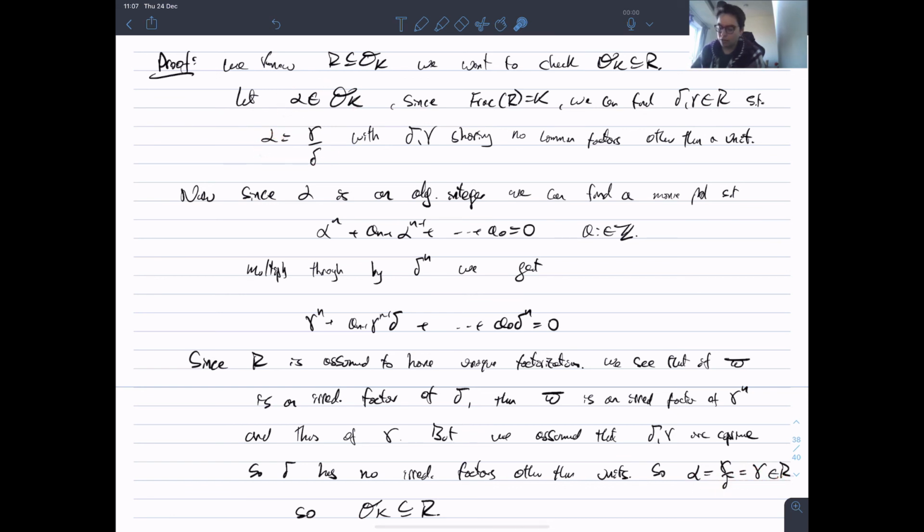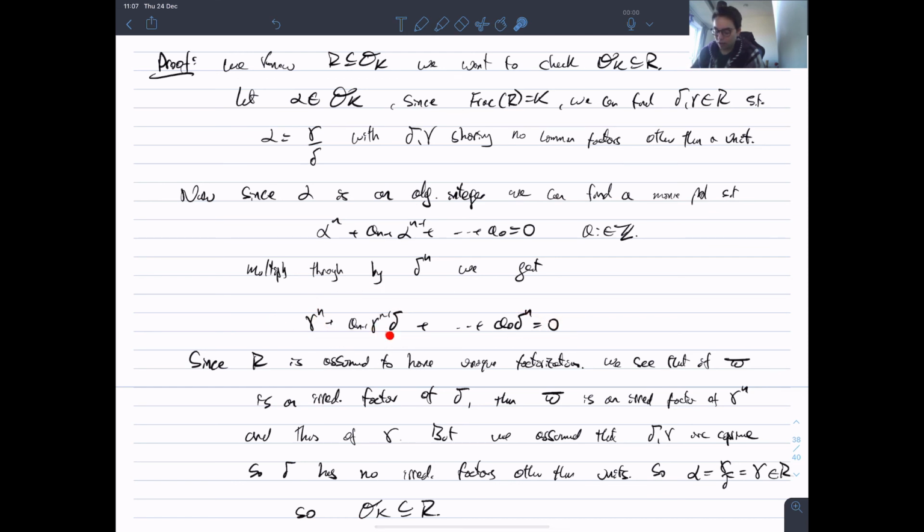What do I do? Well, I use the fact that I've assumed that my ring R has fraction field K. Therefore, I write alpha as gamma over delta, which I assume are coprime. Now, I use the minimal polynomial for alpha to get an integral relation, I just multiply it through, and I end up with an integral relation like this.